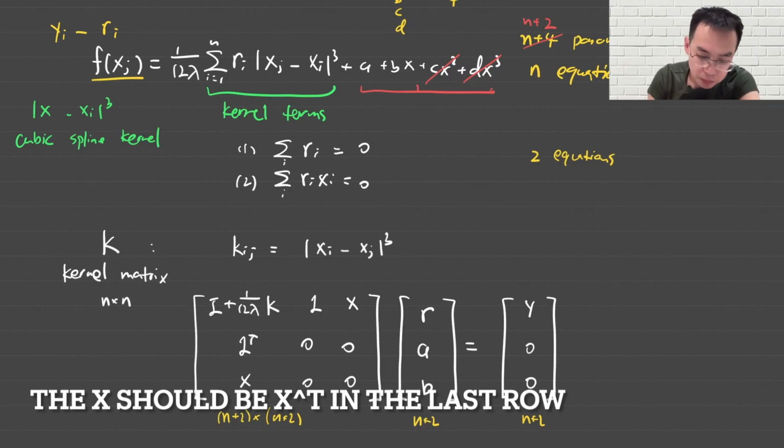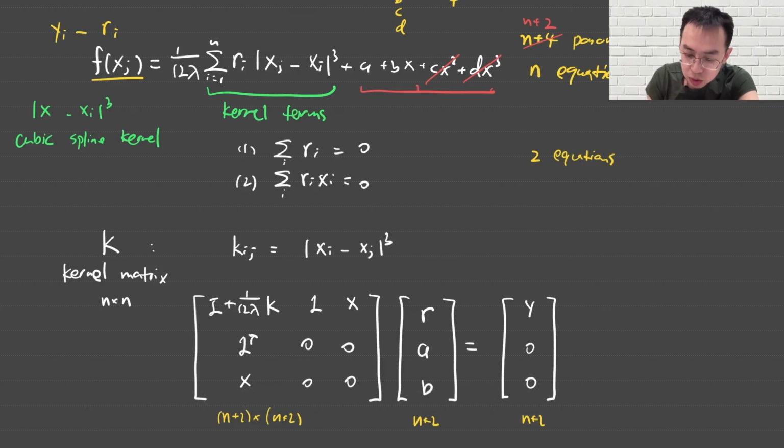From here, the first row is going to give us the n equations, and then the second and the third rows of this block matrix are going to give us the two constraints correspondingly. So this is a nice linear system that we can solve easily for all the parameters r, a, and b.